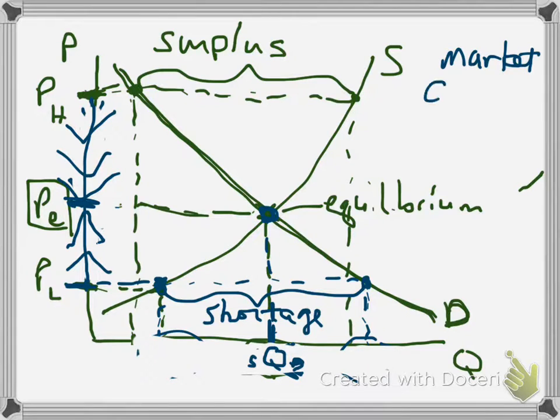Market clearing. What does that mean? It means that at that price, the market produces just the amount that people want to buy. There's no surplus, there's no shortage, and that's one of the criticisms of socialism, communism, where you have a central planning unit that plans out everything. The market actually finds the right price on its own because these laws work.